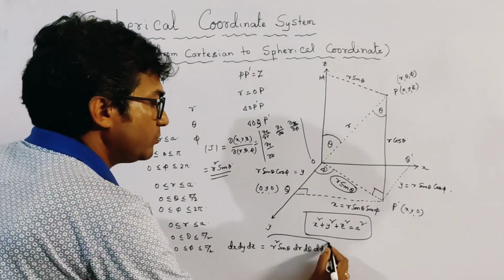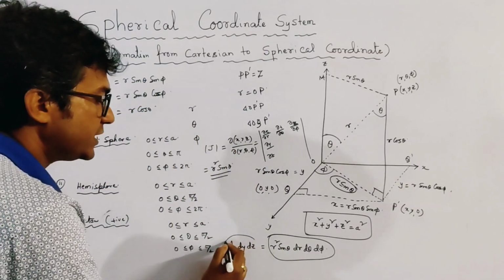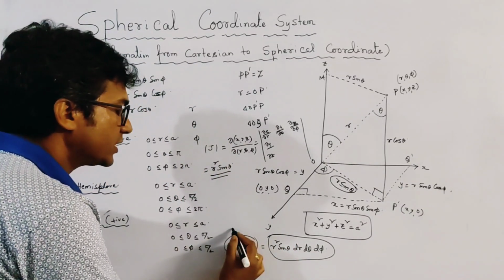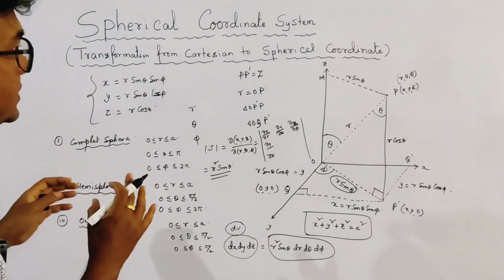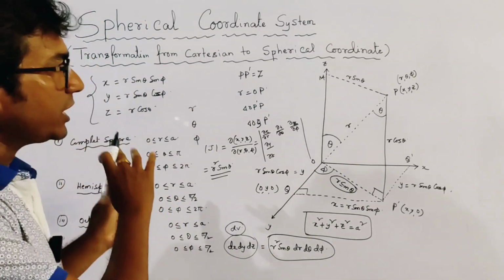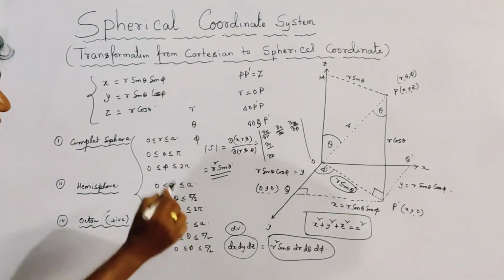This is the elementary volume in spherical coordinate system, and this is the elementary volume in Cartesian coordinate system. This is dV.